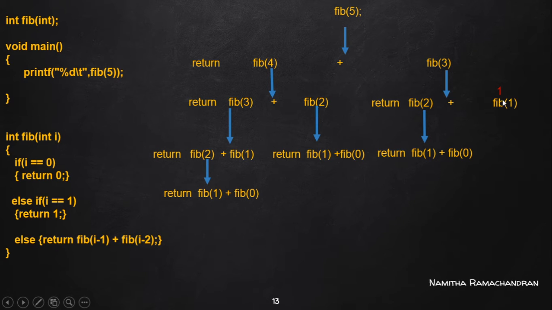Right? So, in this particular execution, here this fib of 2 again calls fib of 1 plus fib of 0. And here we have fib of 1 plus fib of 0, fib of 1 plus fib of 0.